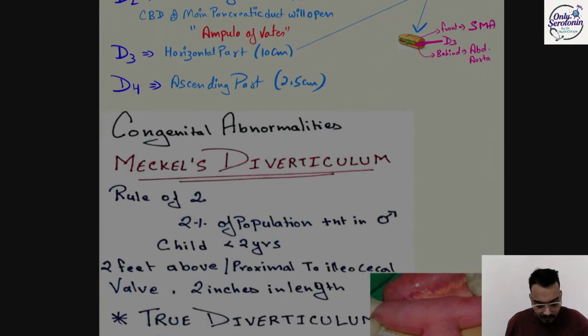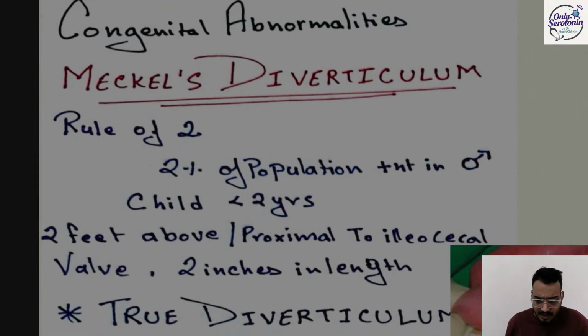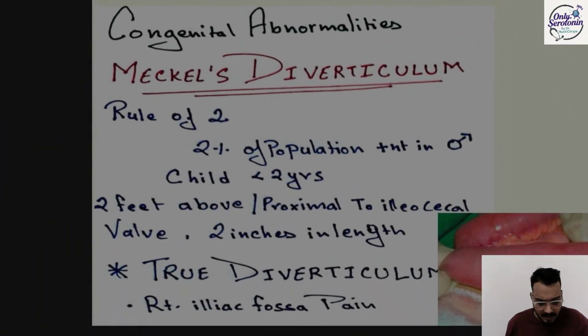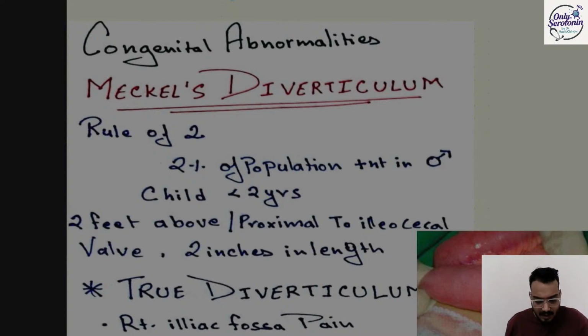Now, the last thing for today is your congenital anomalies. What are the congenital anomalies you should know? The one anomaly which I am going to discuss here is Meckel's diverticulum, guys. It is very, very important. It follows the rules of two.